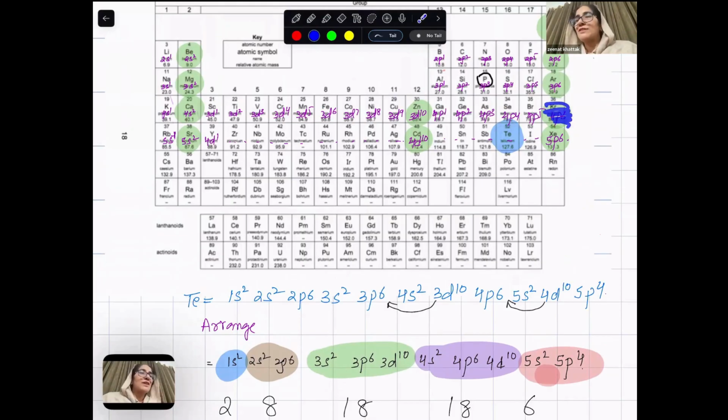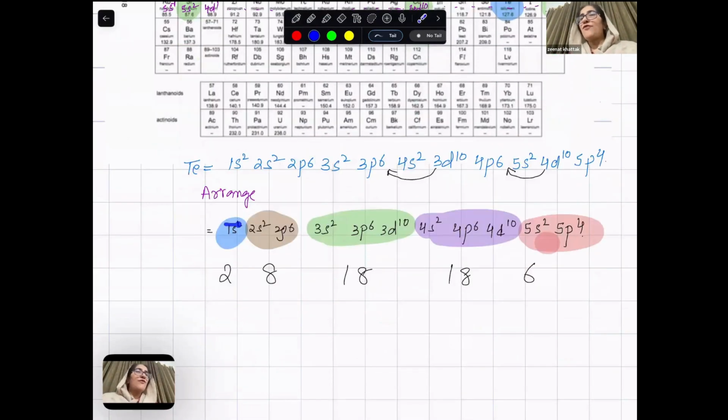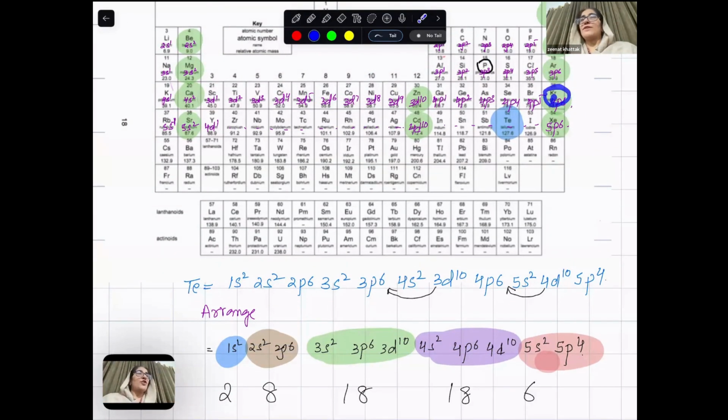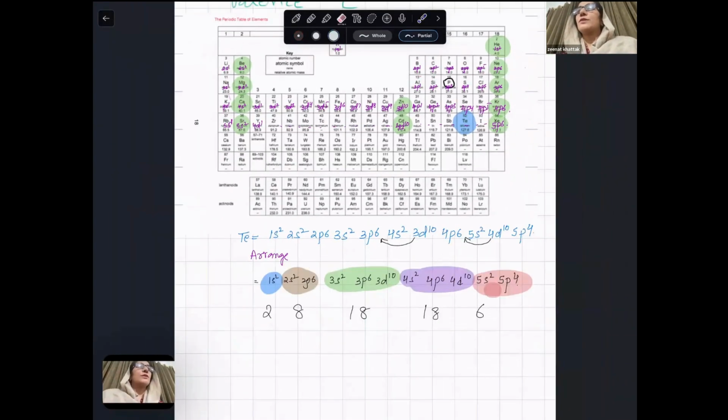Krypton is up to 4p6. What is the shorthand configuration? Krypton, 5s2, 4d10, 5p4. Look, 4p6 up to this.